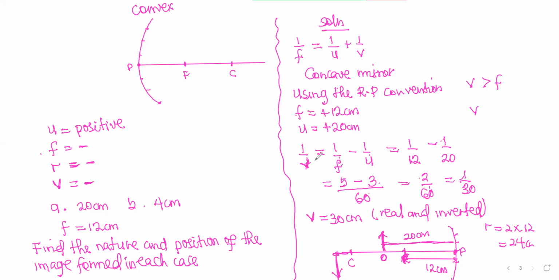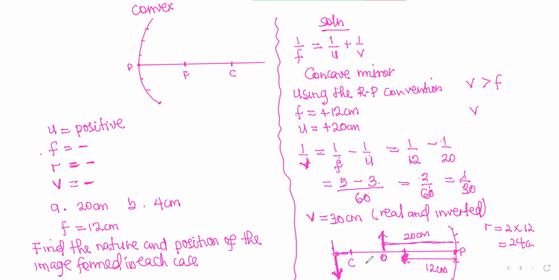So we use the mirror formula and then got the image distance V to be 30. Meaning if you measure 30 centimeters from the pole, that will be the location of the image. And that is what I have here. And once V is positive, the image is real. That's why I've inverted it.